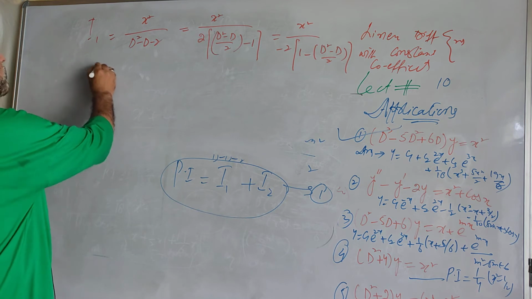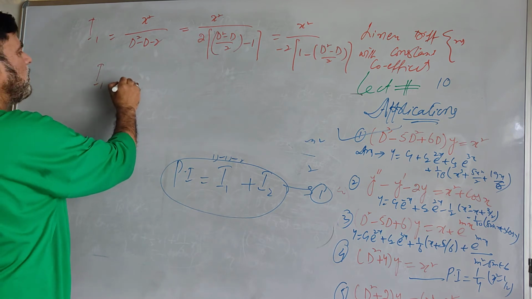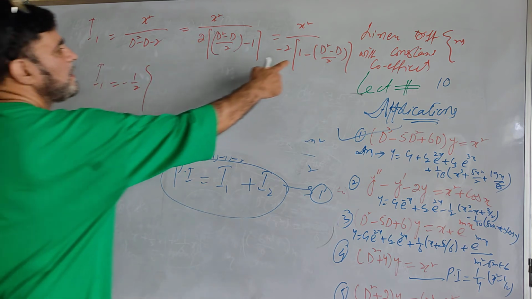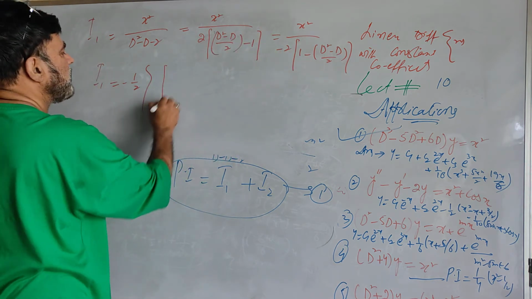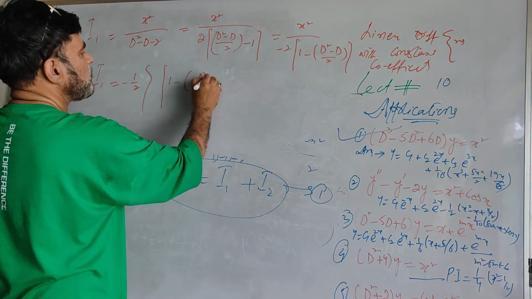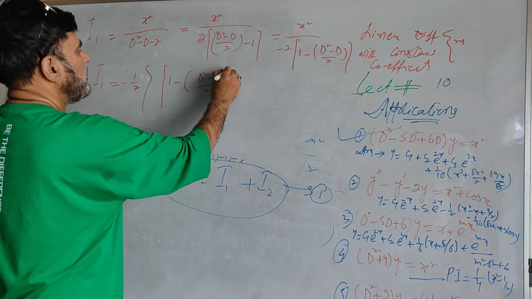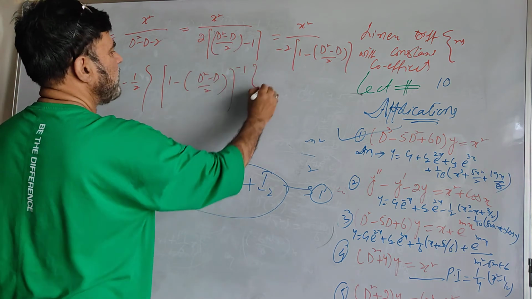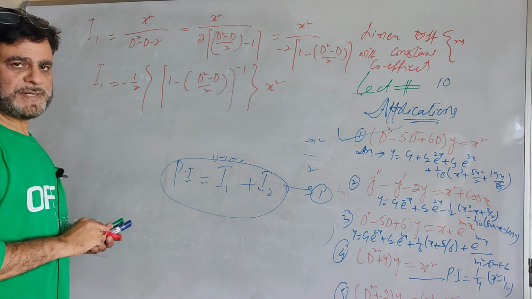Well, this is your I1 now. Minus 1 by 2 out, take it in the numerator: it is 1 minus d square minus d by 2, raised to the power minus 1, and outside it is x square, the algebraic part.